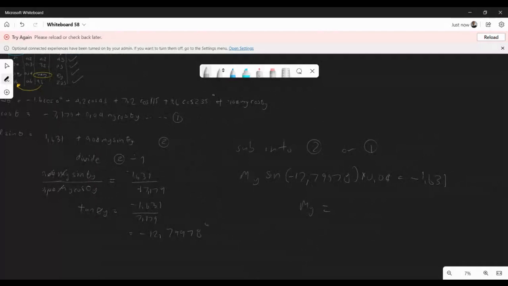Should get 184.05 kilograms. You guys get that?